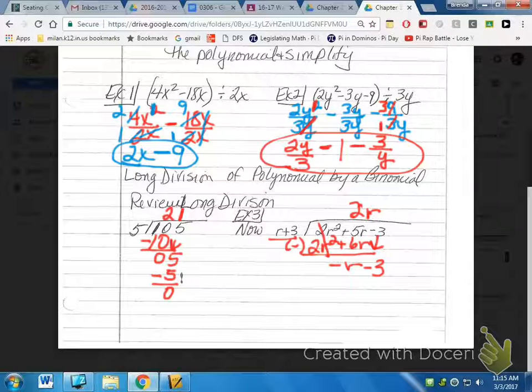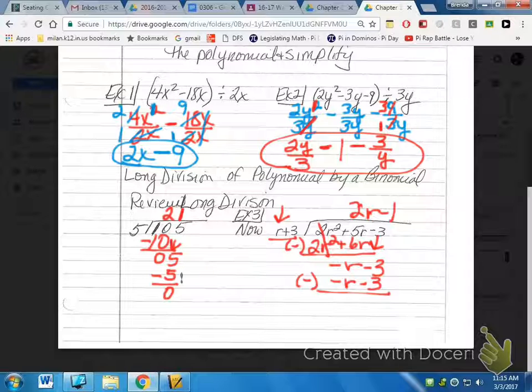Now, what can I take times my r to give me minus r, Octavia? Negative 1. Negative 1 times r is negative r, and negative 1 times 3 is negative 3. Now, remember how we got to subtract it? Here's what I really hate about this.